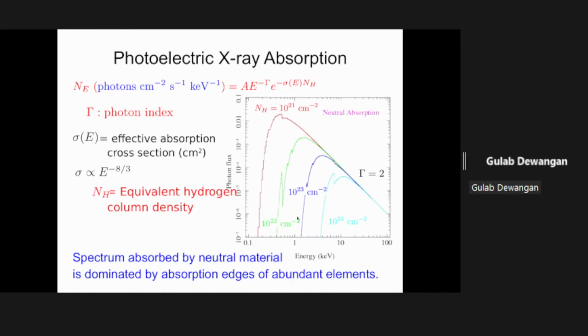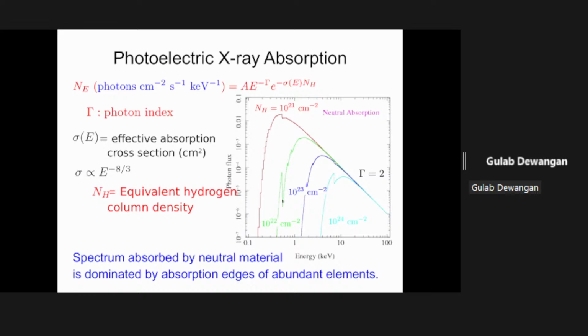So that is the effect of neutral material. If the material is neutral, then we see this kind of X-ray absorption. Here you will see that there are no absorption lines. You only see absorption edges due to different elements. For example, at 7.1 keV, you will see the iron K shell edge.